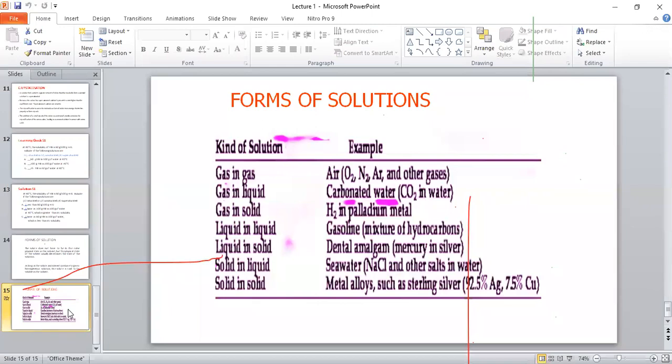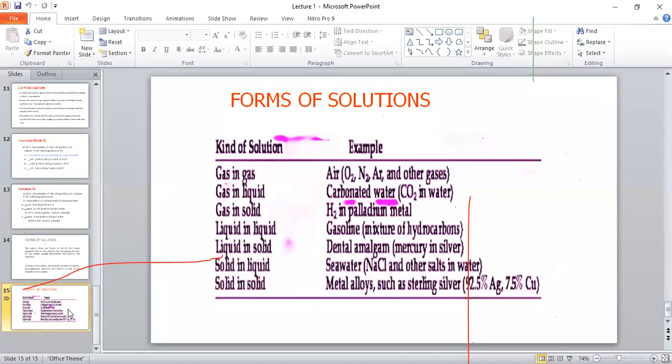We also have gas in solid. The example is hydrogen and palladium metal. The palladium metal is the solvent, because that is the one that is more. Hydrogen is also there, but it will blend so much that you will see solid, with hydrogen inside it.